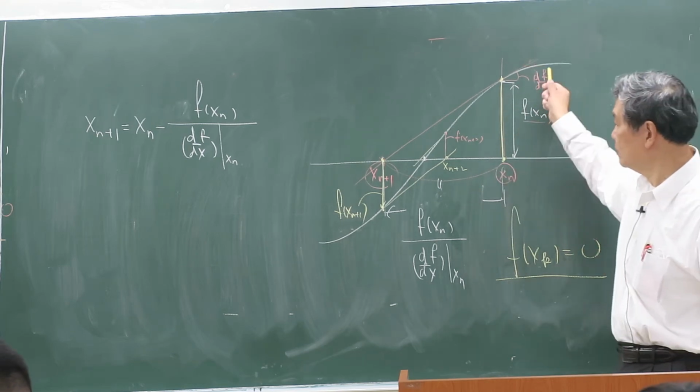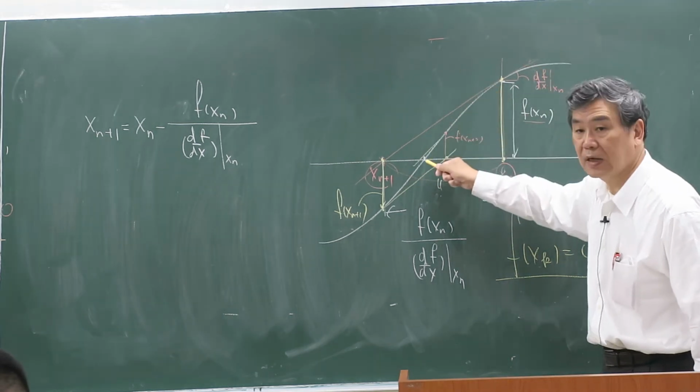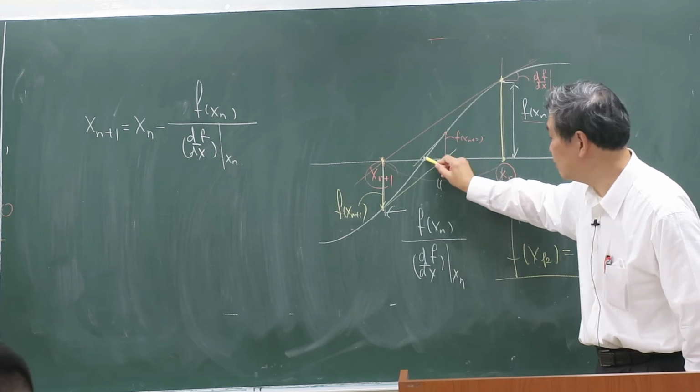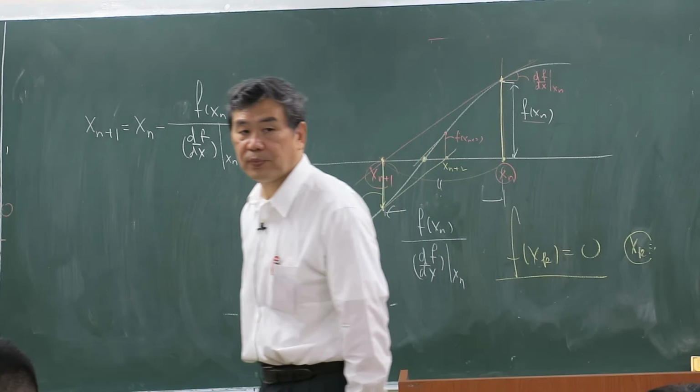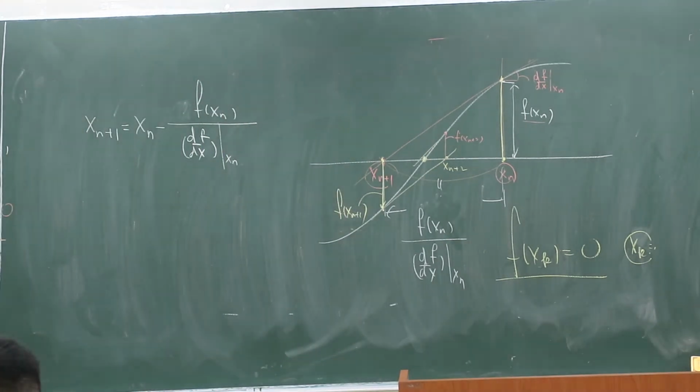So iteratively, maybe 2 or 3 iterations, you can converge to the point. You can find the solution. Okay? So this is very quick.